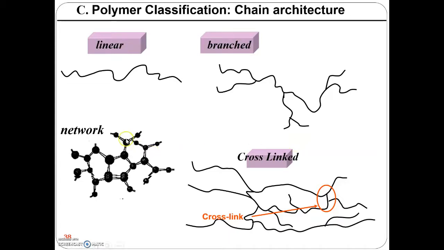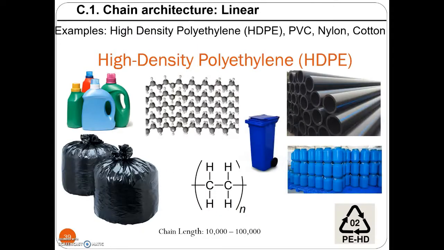When the cross-linked polymer includes plentiful interconnections between chains in 3D, a network polymer is formed. So now I will give you an example for each kind of these polymers according to their architecture.